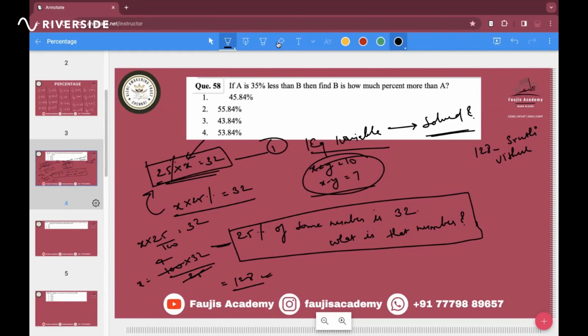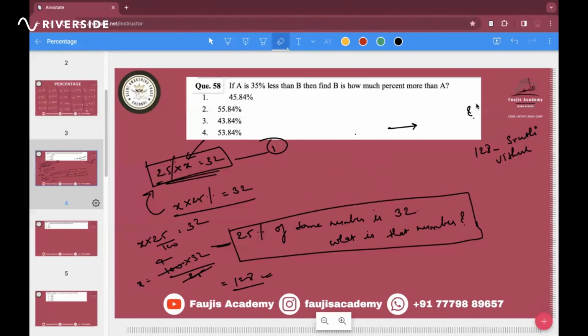But the picture is not over yet. What is there in the picture? How I wanted you guys to visualize that 25%, okay. Had you guys known that 25% is nothing but 1 by 4, that means if we do 4 times of it, we'll get the whole number, right?